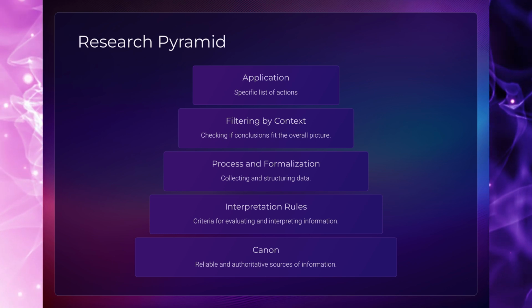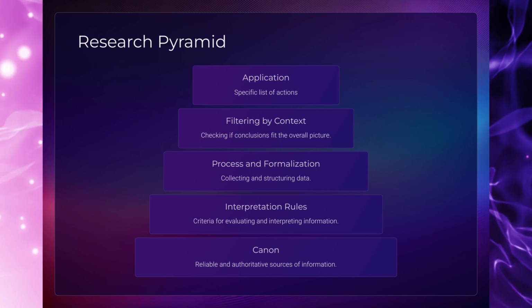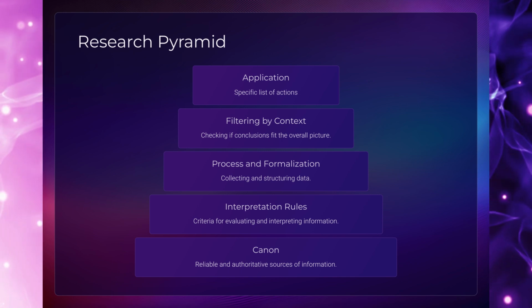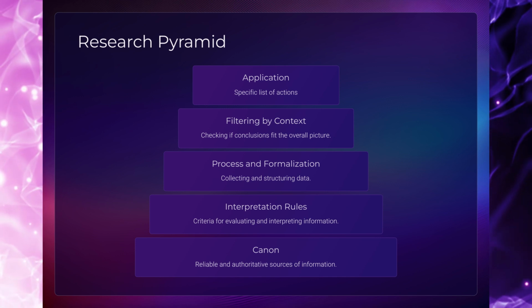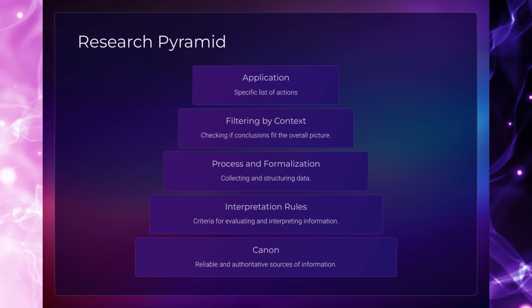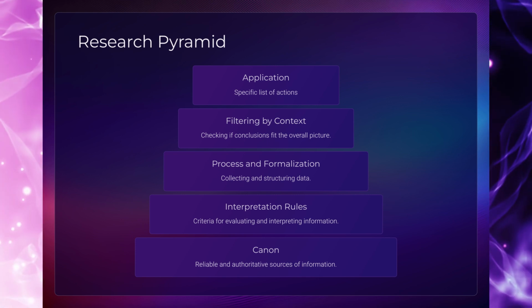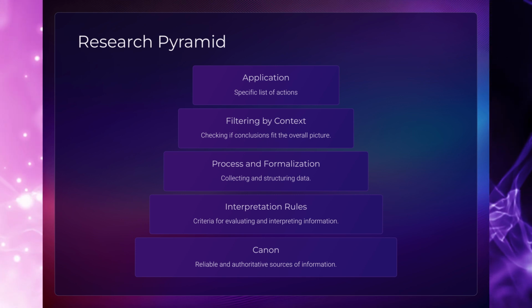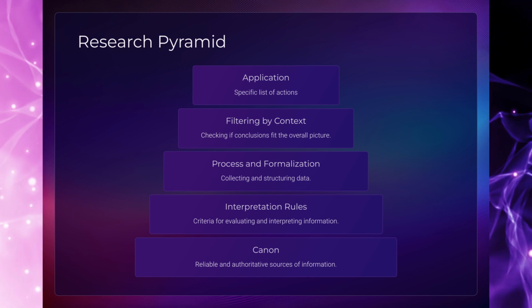Next, we define the rules for interpreting information, establish how we will evaluate and interpret data, develop criteria for the reliability of sources. For example, we check facts in several independent sources, trust information from specialists with confirmed qualifications. Then we move on to the process of research and formalization of results.